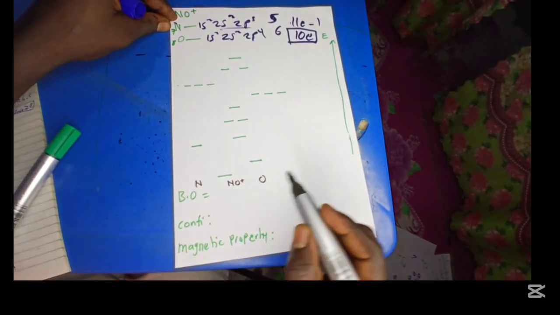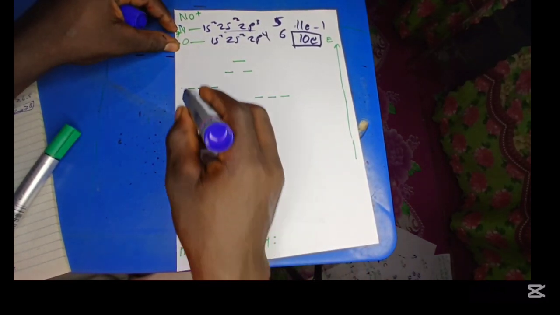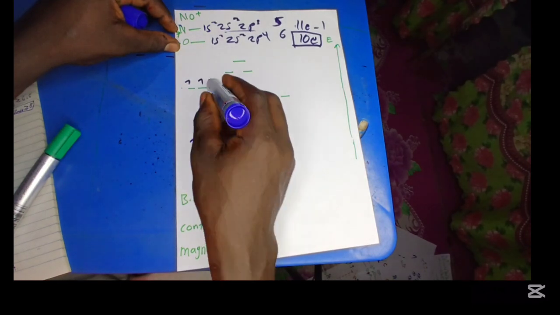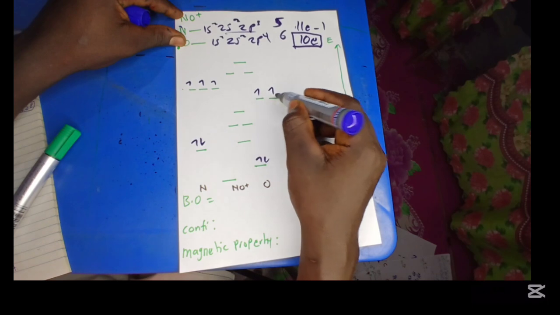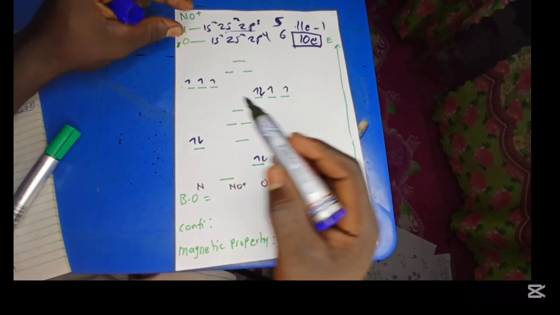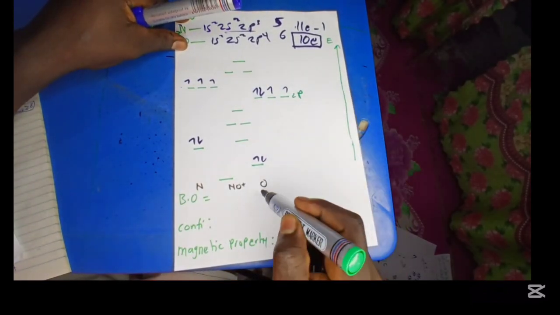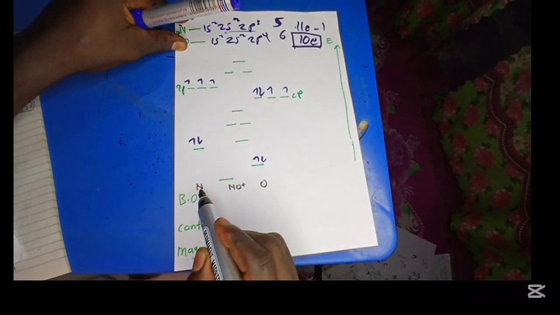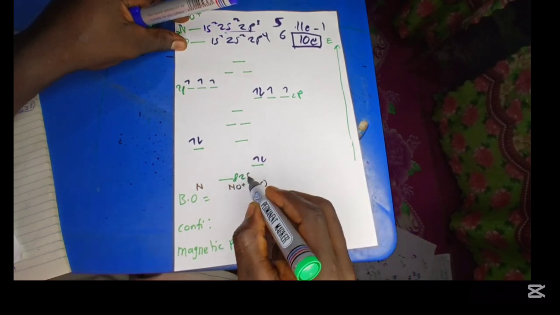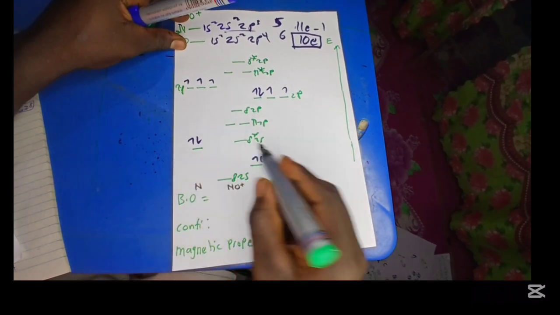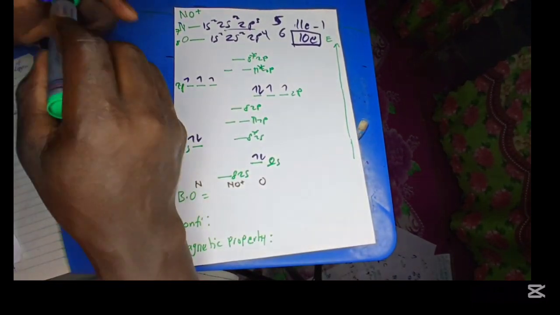So we have 5 electrons for nitrogen, 1, 2, 3, 4, 5, and 6 electrons for oxygen, 1, 2, 3, 4, 5, and then 6. Don't forget this. There's the 2p orbital for oxygen and the 2p orbital for nitrogen, and then the sigma 2s, almost done. So 2s for nitrogen and 2s for oxygen.